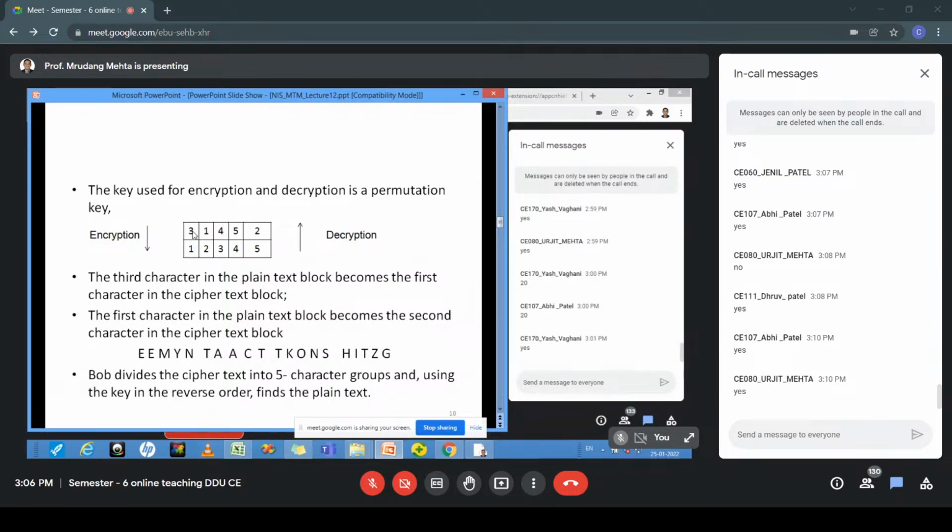Only 2 students have written. Others, have you understood this decryption key? Then apply the decryption key on this block. Suppose you have this decryption and apply this decryption key to 25134. Are you getting the words for the first block? Check it and type in the box that you have tested it is correct.